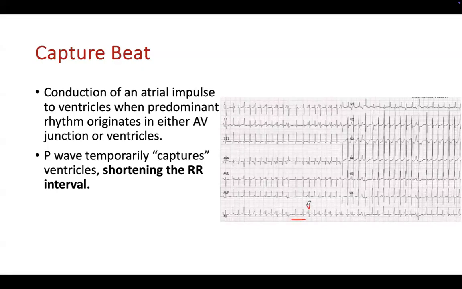Suddenly, there's an early QRS preceded by a P wave. So this P wave most likely captured the ventricle in a rhythm that is junctional or ventricular. This is called a capture beat, and it is seen in VT or junctional tachycardias. Anyways, this is advanced-level slides. I don't think you have to worry about it.